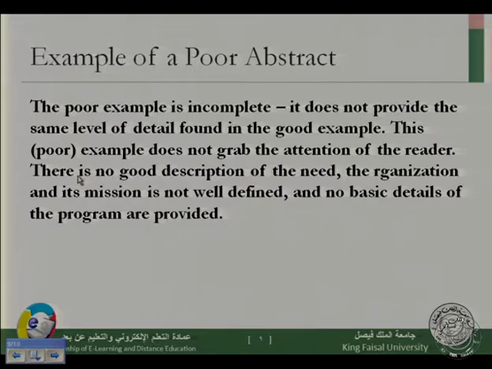We learned a lot of very detailed information regarding the good example. We knew about the instruments, their purposes. We knew that it was qualitative. But in the poor example, a lot of information is missing.